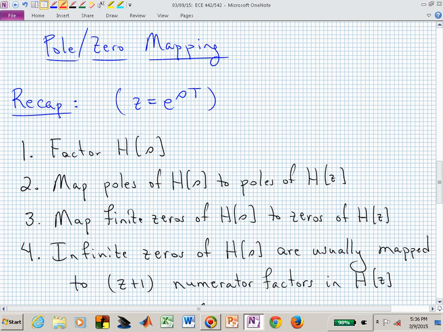Thumbs up if you think this pole zero mapping is consistent with, and don't show me your thumb yet. I don't want anybody to give away the answer. Thumbs up if it belongs in the same scenario or class as zero order hold discrete equivalent, or thumbs down if it belongs in the same class as our numerical integration approaches.